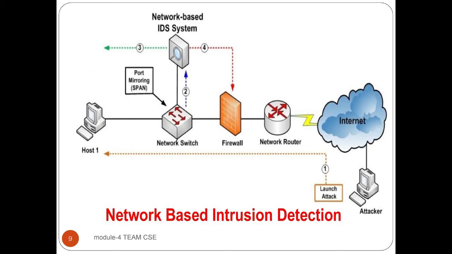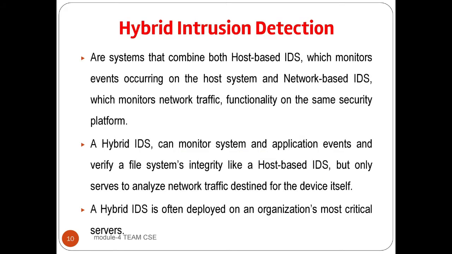Here the network-based IDS is available at the network switch side, where it monitors the traffic exchanged between the host and the internet. The attacker usually attacks from the internet side and can launch the attack on the host. With the help of the network-based intrusion detection system, we can detect it and alert the host system. It monitors all the traffic in the host. Next slide, please.